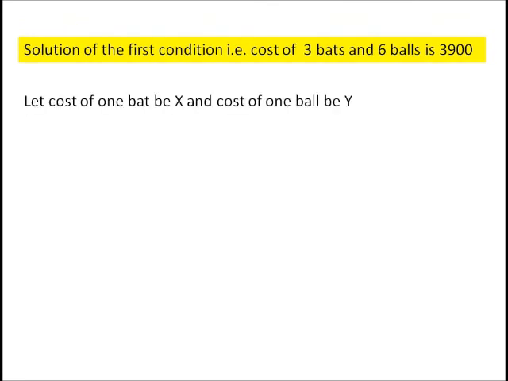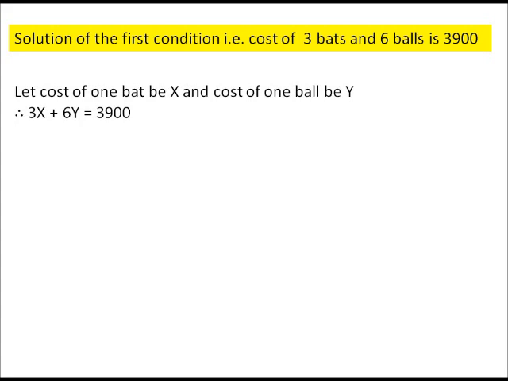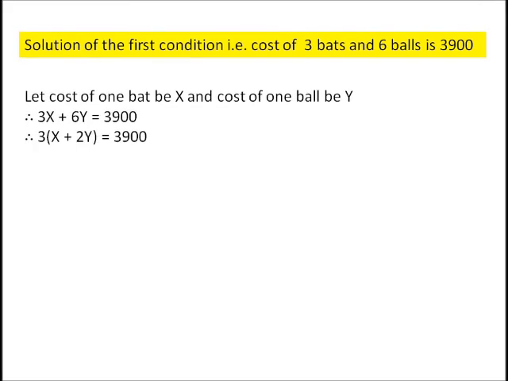Solution of the first condition, that is, cost of 3 bats and 6 balls is rupees 3,900. Let cost of 1 bat be x and cost of 1 ball be y. Therefore, 3x plus 6y is equal to 3,900. Now take common 3 from the left hand side.